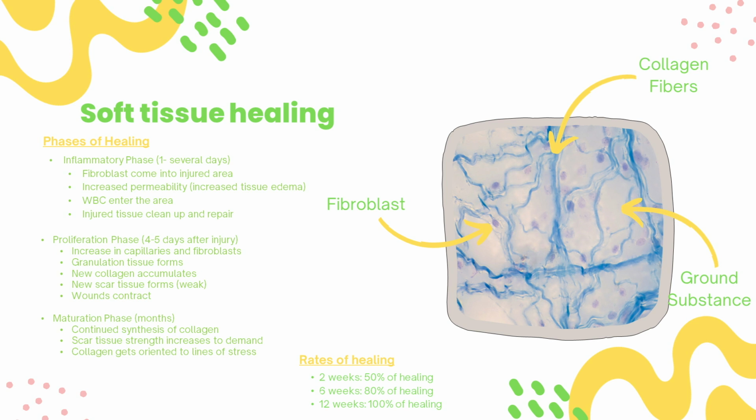And as this is happening, the tissues themselves increase in their permeability, meaning they're allowing more molecules to come in and out of the area. And this can also lead to increased tissue edema, because now there's more of the inflammatory cytokines and those type of molecules that are in the area and starting to clean up during this inflammatory phase because of the increased permeability of those capillaries and of those tissues.